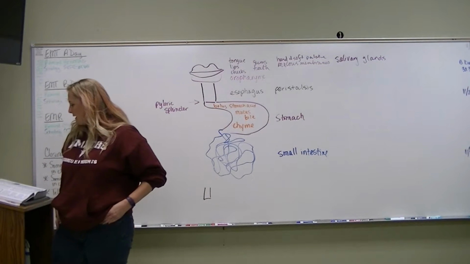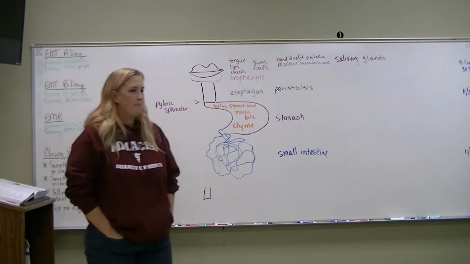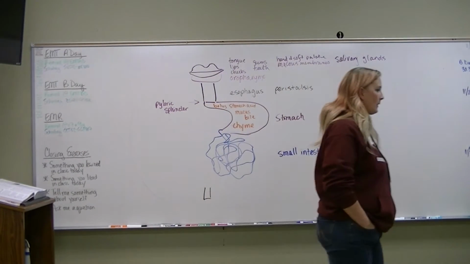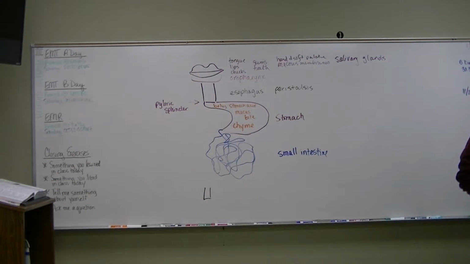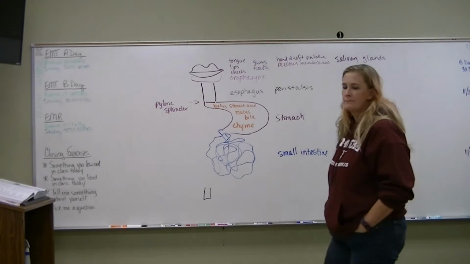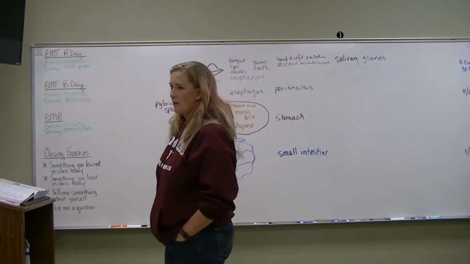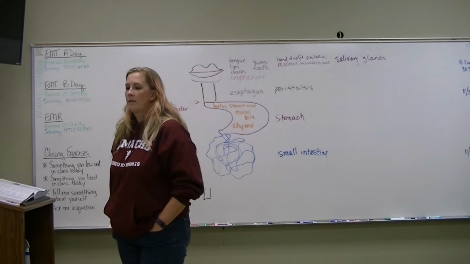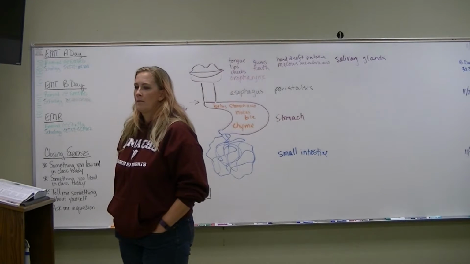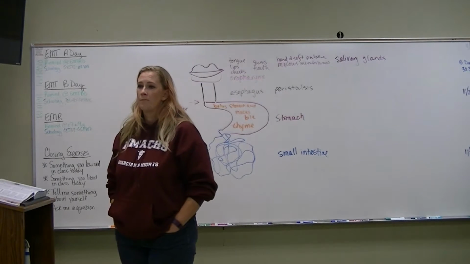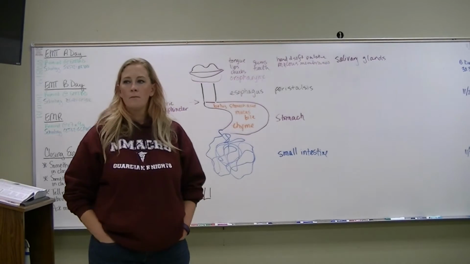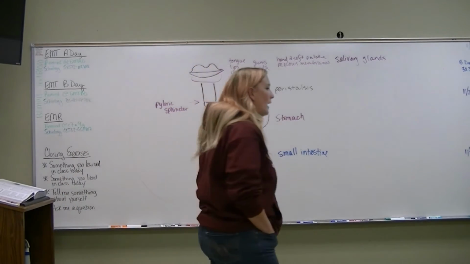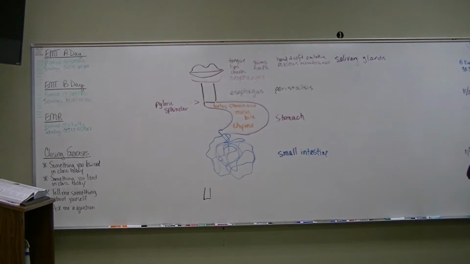Okay, what happens in this small intestine? Continues with digestion. It has stuff from the pancreas and more mucus to continually break down the food and send it along its way. Okay, and why are we breaking down our food? To get the nutrients out of it. Correct.